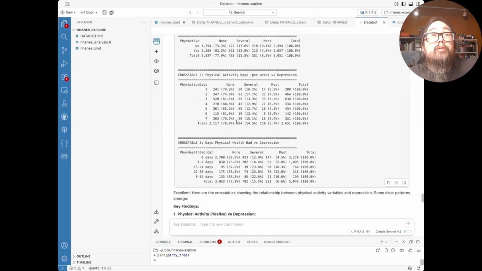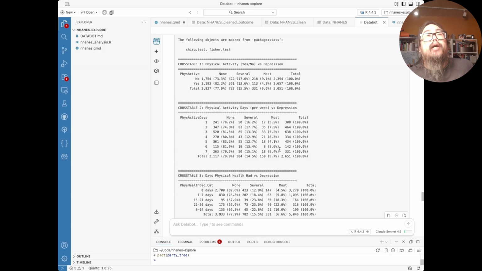We talked a little bit last time about looking at the different categories. This is the depression variable, broken out by physically active days per week, and you can see that there do seem to be trends.